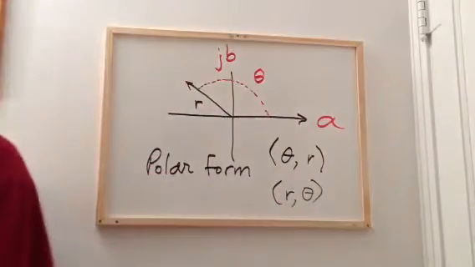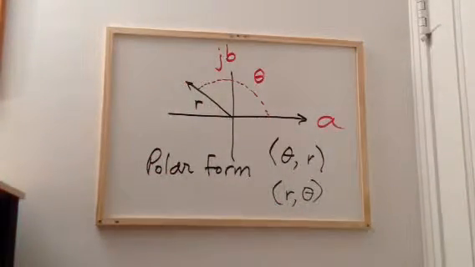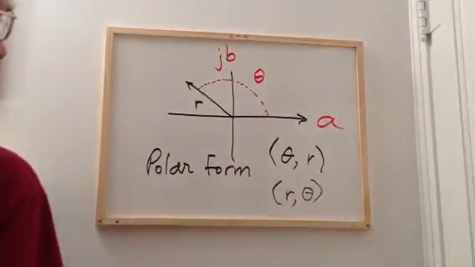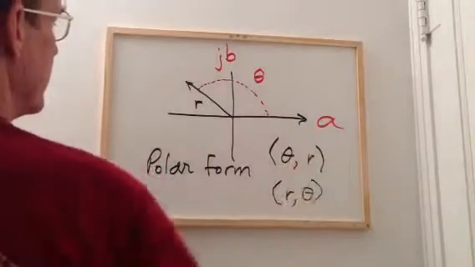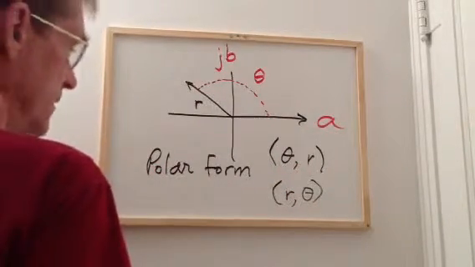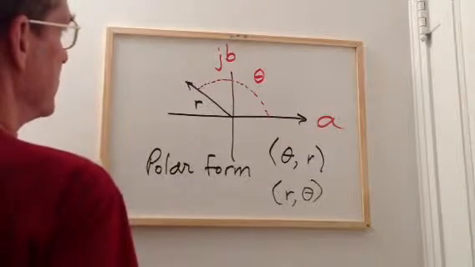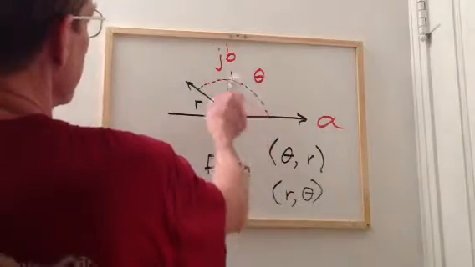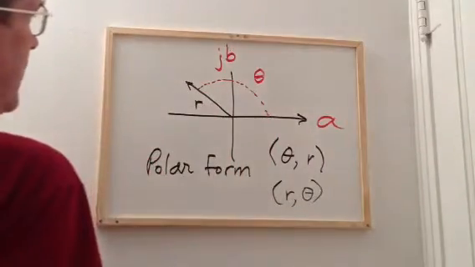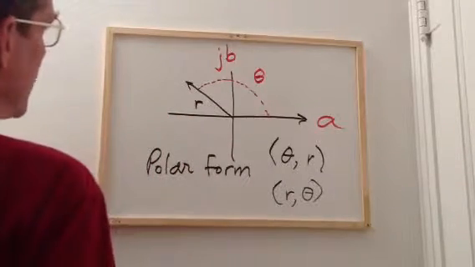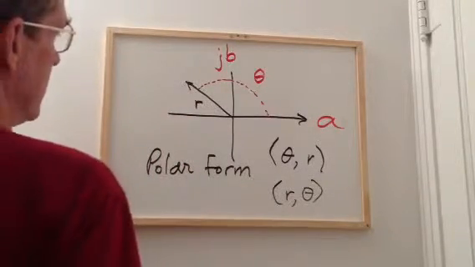There's variation amongst the texts as to which one of these is listed first. Usually in an ordered pair, the independent variable is listed first, and the dependent variable is listed second. Intuitively, for me at least, I find it easier to think of the angle as the independent variable and the radius depending on the angle.